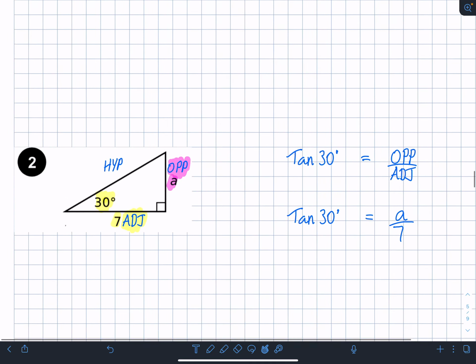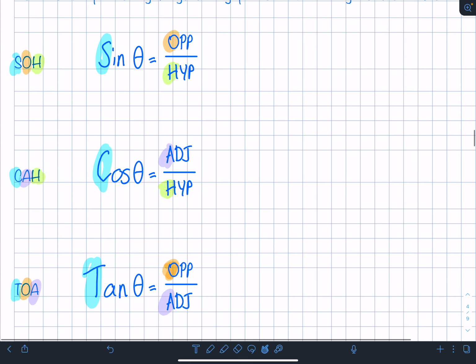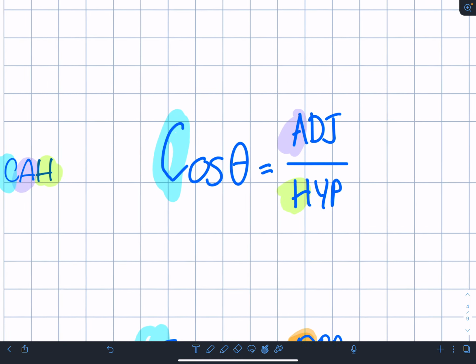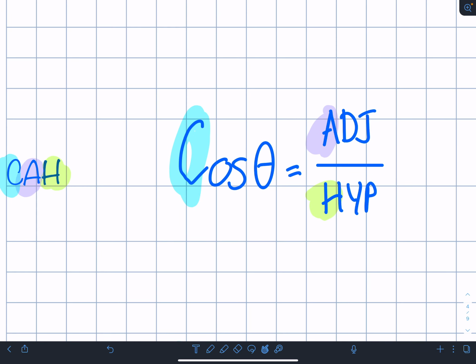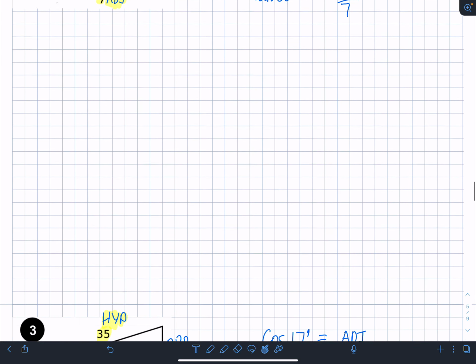So let's go up here for adjacent and hypotenuse. Well, it's not sine, because that's opposite and hypotenuse. Could it be cos, adjacent and hypotenuse? Absolutely it is. So cos theta equals adjacent over hypotenuse. That's the formula that we're going to be using.